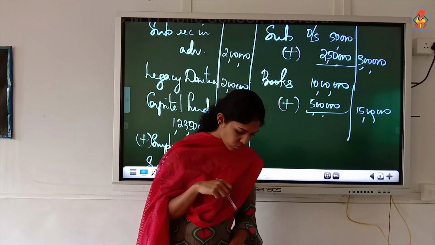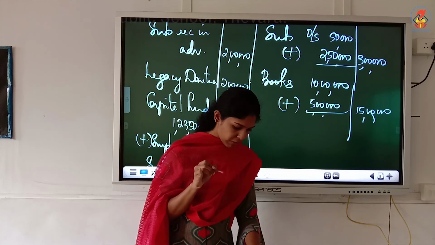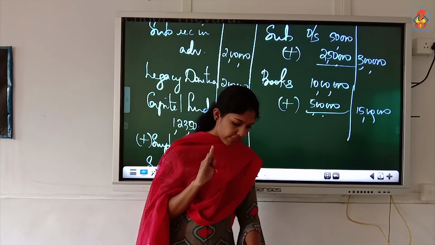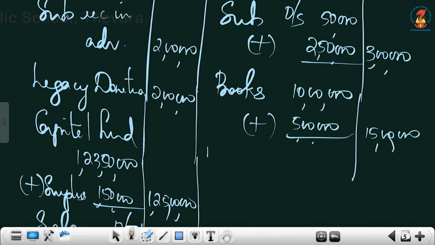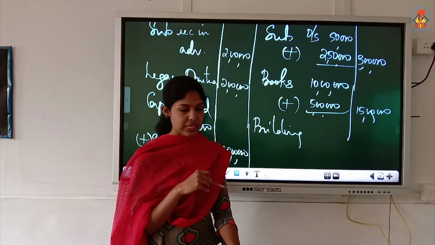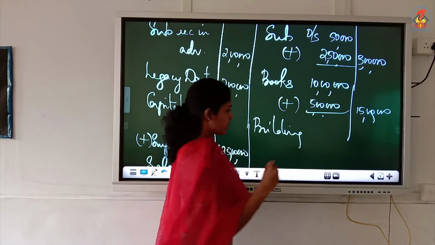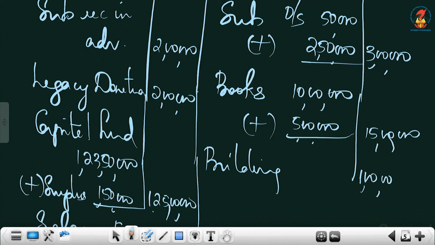Now we will read the adjustments one by one. Okay, subscription we wrote, salary we wrote, then opening values of building, furniture, that we have to write as it is, because we haven't sold any building and furniture. So the same value will come in the closing balance sheet also.